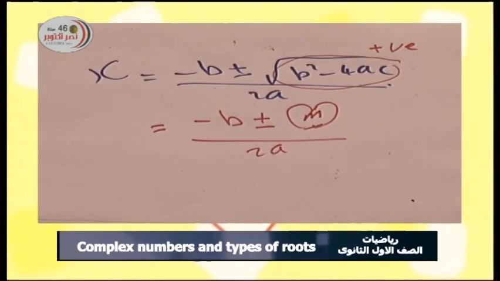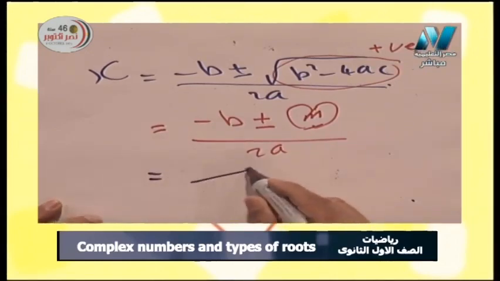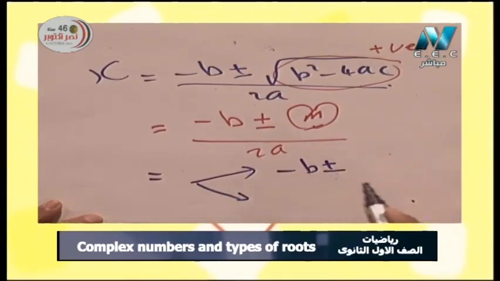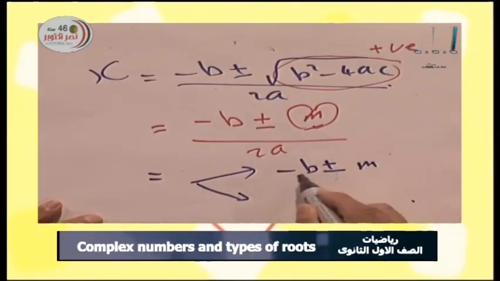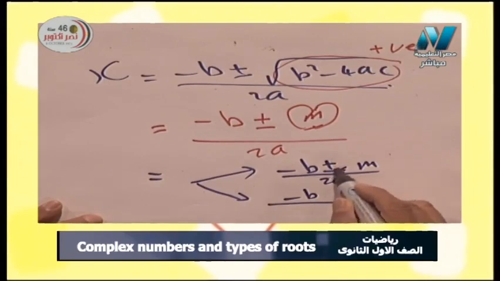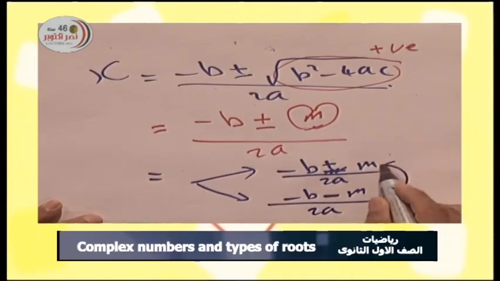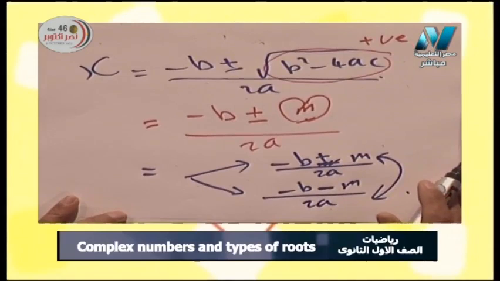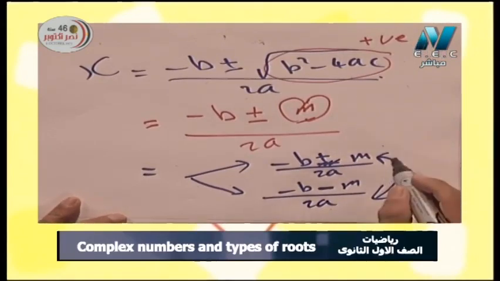So the answer will be negative b plus or minus m over 2a: negative b plus m over 2a, and negative b minus m over 2a. So they are two different real numbers, belonging to R.